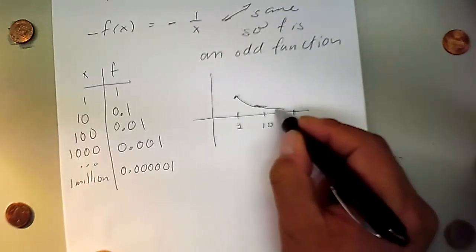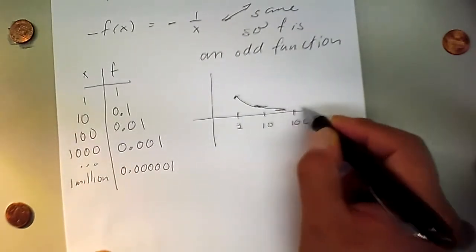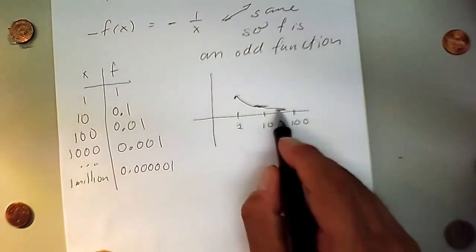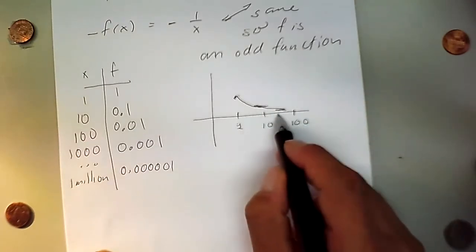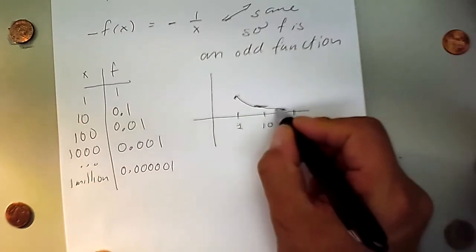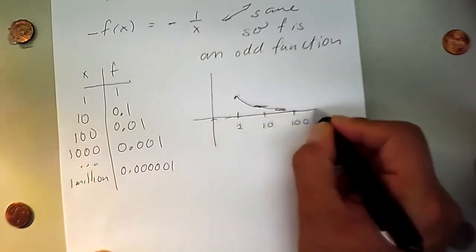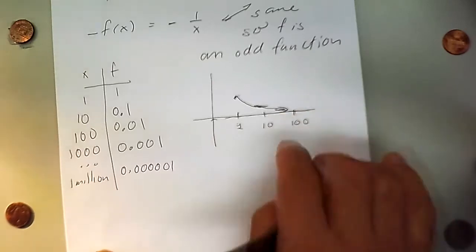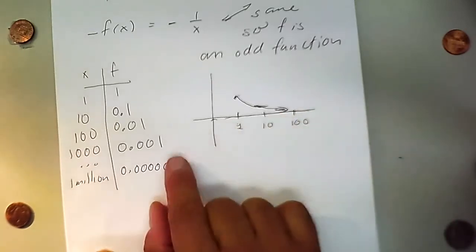That's really, really tiny. And that's the idea of an asymptote: we're getting closer and closer, and yet we are never really on it. So this line here is an asymptote. The graph keeps going closer and closer to that line.